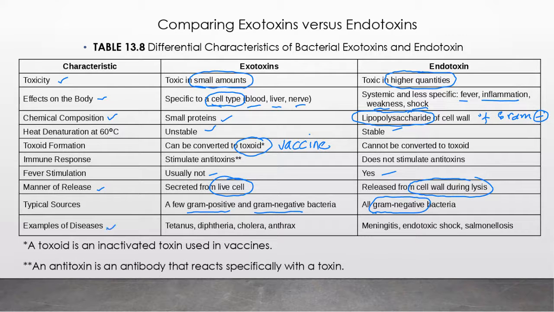Examples of disease caused by exotoxin are tetanus, diphtheria, cholera, and anthrax. For the endotoxin, examples are meningitis, endotoxic shock, and salmonellosis.